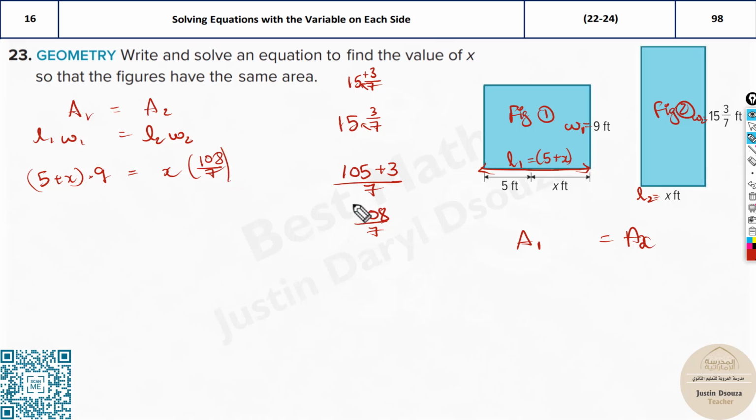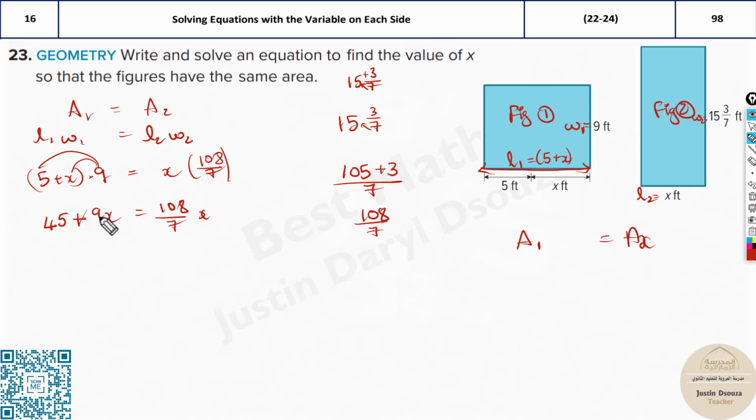Why? Because I've already simplified this improper fraction to a proper fraction. Now let us multiply using the distributive property. 9 times 5, half of 90 is 45, plus 9 times x is 9x. That is equal to 108 by 7x.